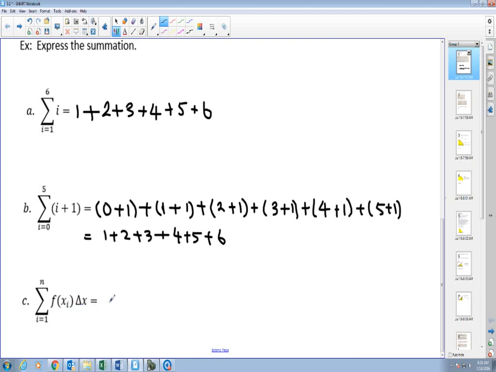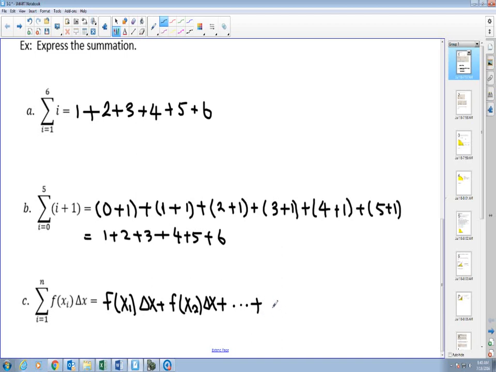So the first term is f of x sub 1 times delta x. The next term is f of x sub 2 times delta x, plus dot dot dot, plus. I'm not going to write the last one yet.